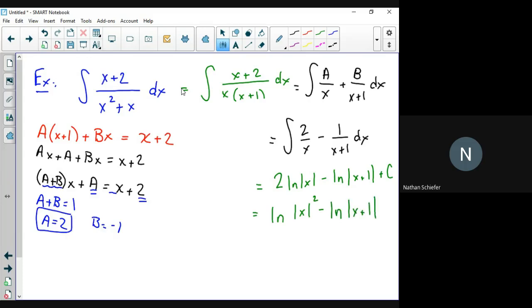Because if that's squared, it's always going to be positive. So that would technically mean you'd have the ln of x squared on top, the absolute value of x plus 1 on the bottom. Now, is it okay in your homework to leave it like this?